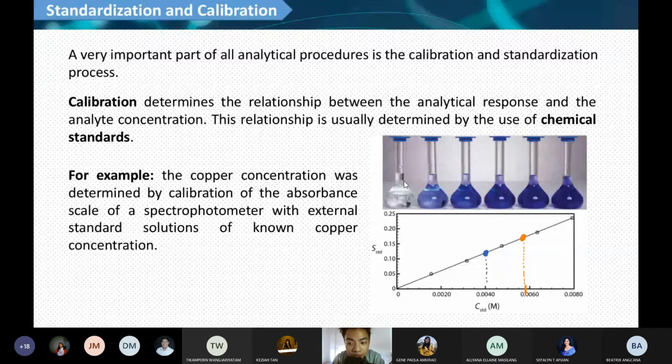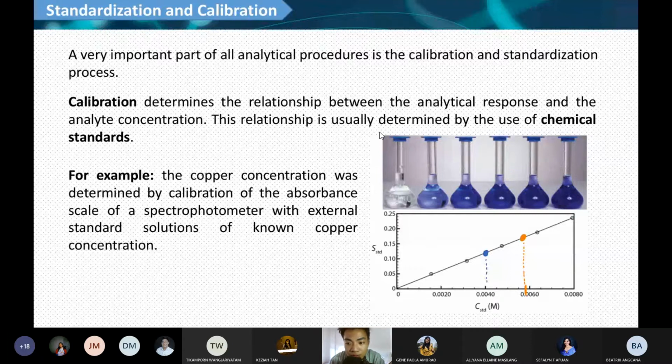Then you get their corresponding instrument response. You will come up with this linear equation here, and then you will use that linear equation to interpret the instrument reading of your analyte, so that you will get the corresponding concentration of your substance.